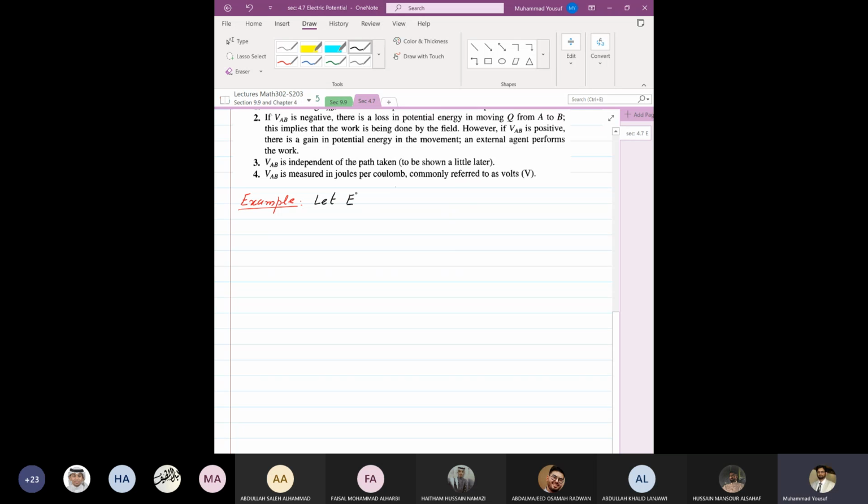Let E be equal to 2 rho sine phi a rho, so it means we are working in cylindrical coordinates, plus rho cosine phi a phi plus 3z squared a z, be the electric field in a certain region of space.